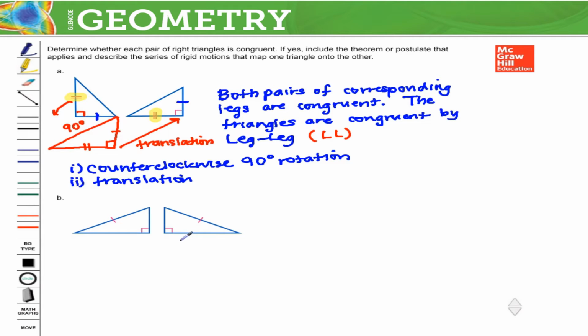For figure B, you'll notice that we have the 90-degree angles marked and the hypotenuse. There is not enough information to determine triangle congruence. At least one pair of corresponding legs or one pair of corresponding acute angles must be congruent to show that these triangles are congruent.